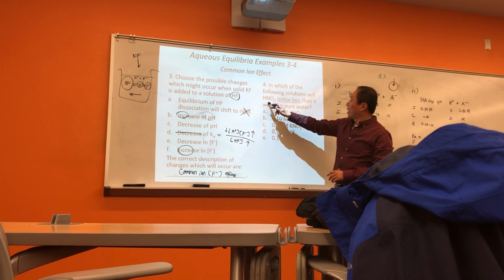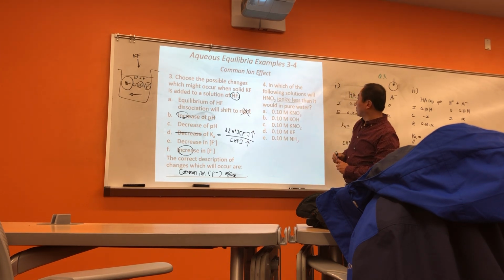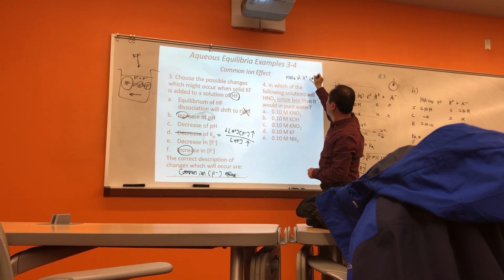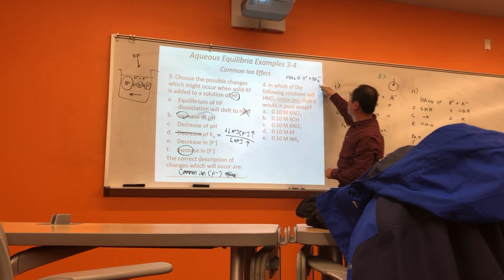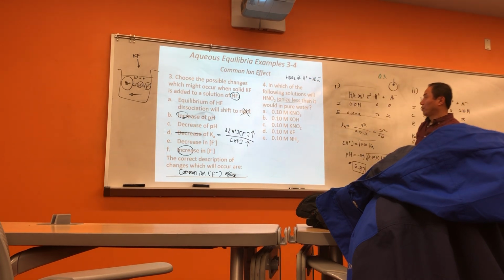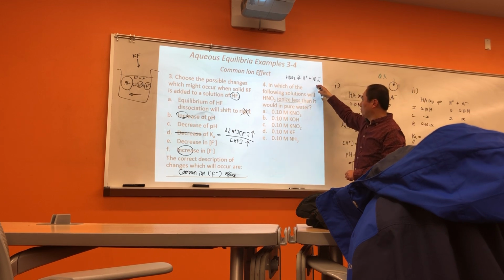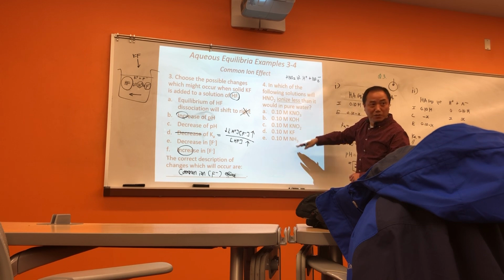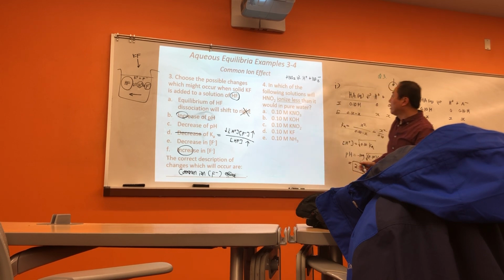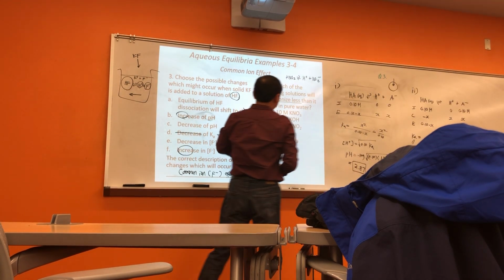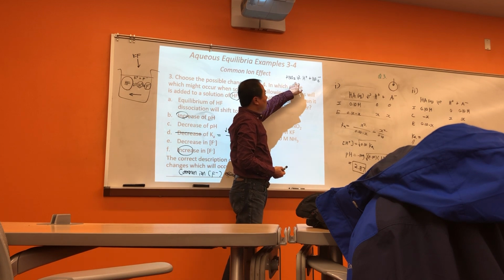Let's say I have a weak acid, nitrous acid, dissolved in water. So this guy will dissociate in water into H plus and NO2 minus, nitrite ion. Now, if we put this guy in an existing solution instead of pure water, in which situation does it ionize less? If you put it into pure water, it will dissociate like that.